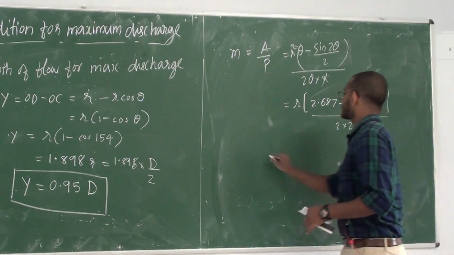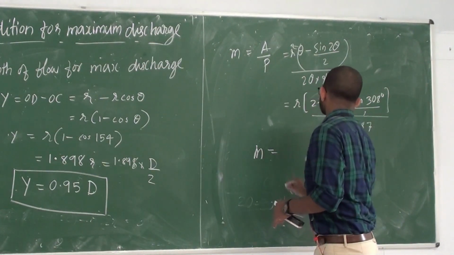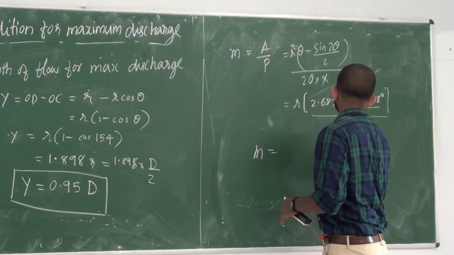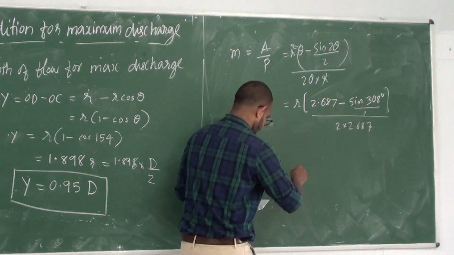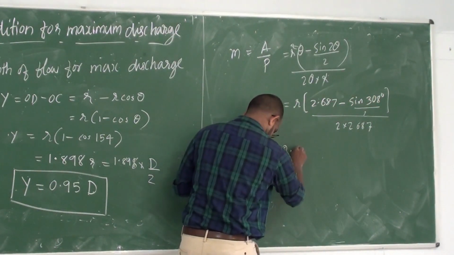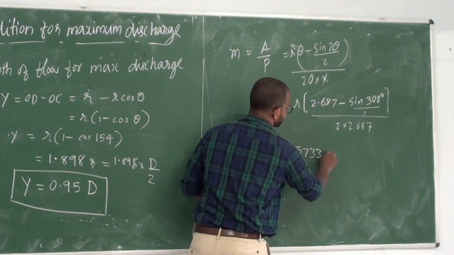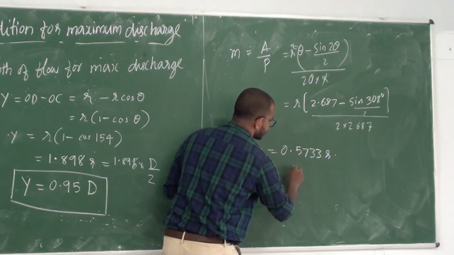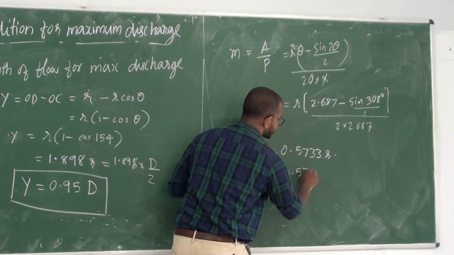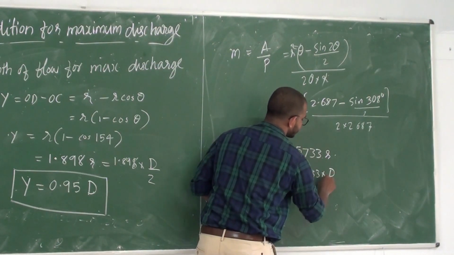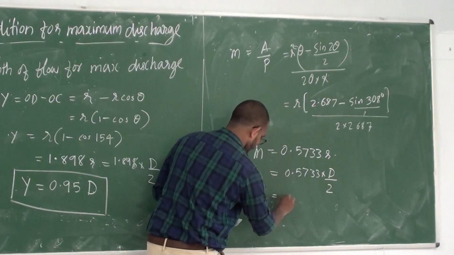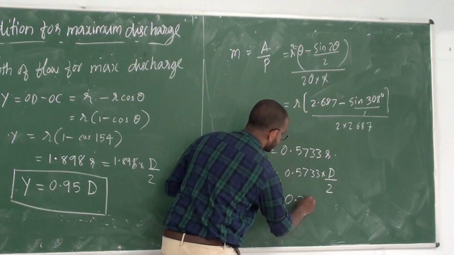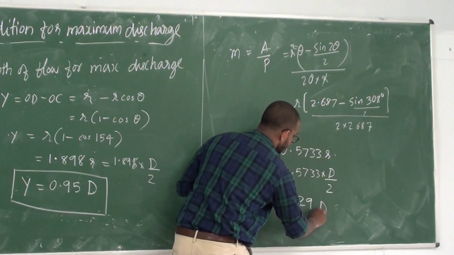We will get hydraulic mean radius m equal to 0.5733 times radius. This is equal to 0.5733 into diameter by 2, that is 0.29 diameter.